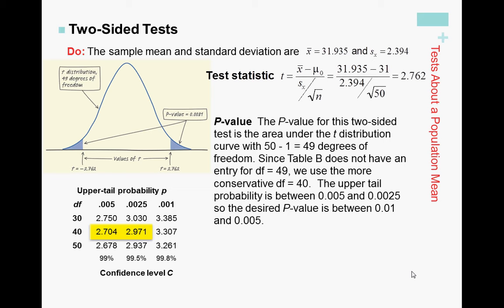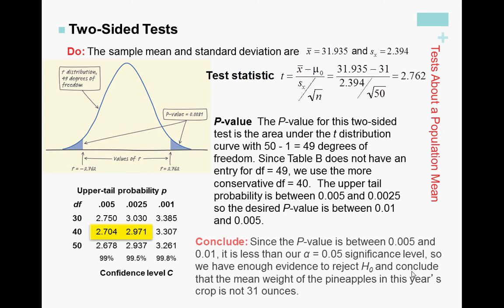But remember, this is a two-sided test, so we're going to have to double those two p-values. All right. So just make sure I'm saying it correctly. Table B shows it between 0.005 and 0.0025. So we double those, and the desired p-value is between 0.01 and 0.005.